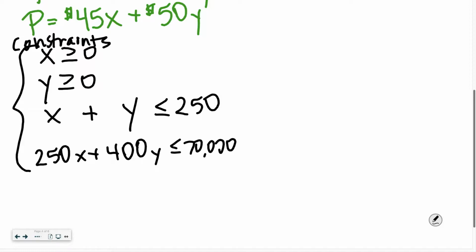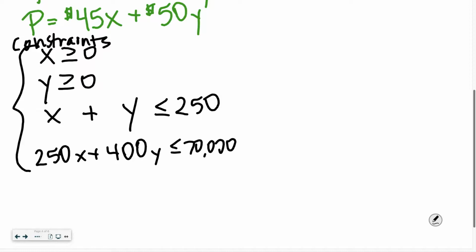Okay. And I'm not going to write the dollar sign just so it won't be messy, okay? But each X tablet costs $250. Each Y tablet costs $400. And they, in their store, do not want more than $70,000 in there. Okay? Have we used all the sentences?